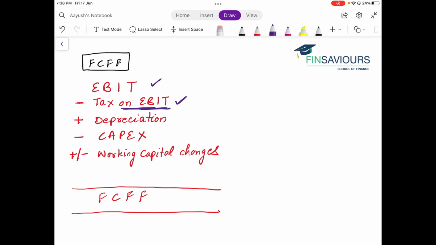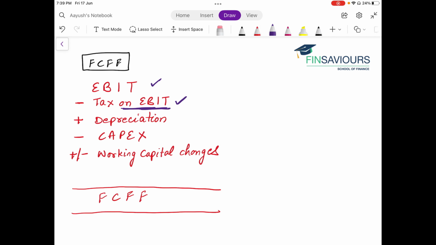We are computing free cash flow to firm. Free cash flows, that means after all the commitments. Is capex your commitment? Absolutely. That's the capital expenditure that you have made. Right? So minus capex, and you will adjust the working capital changes.